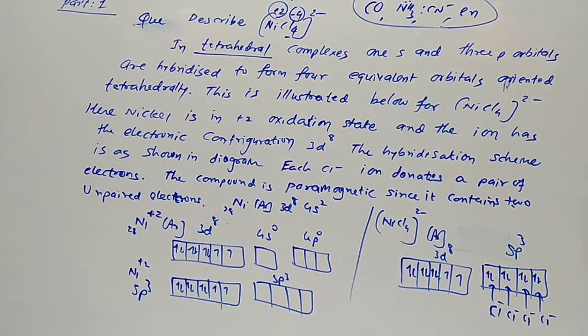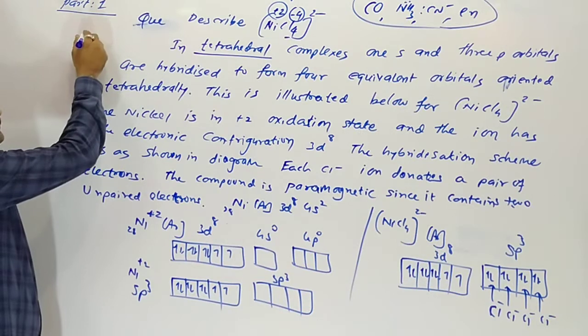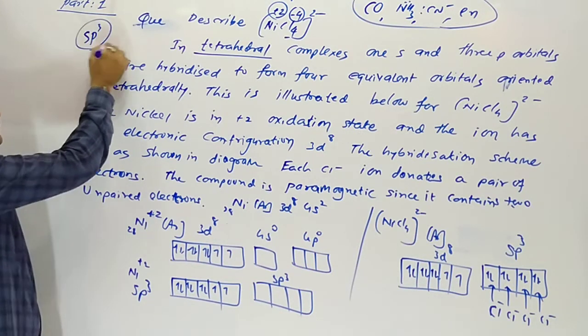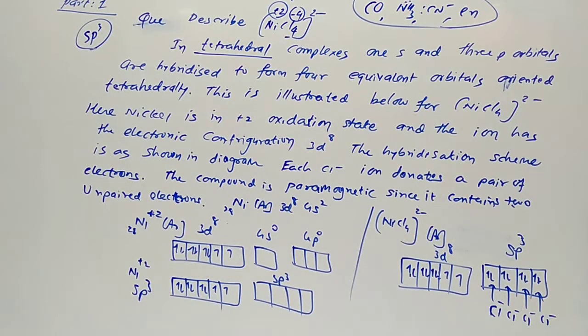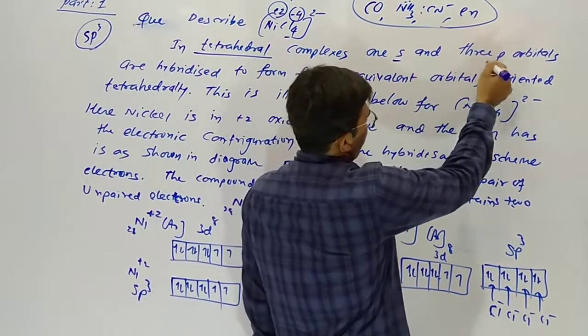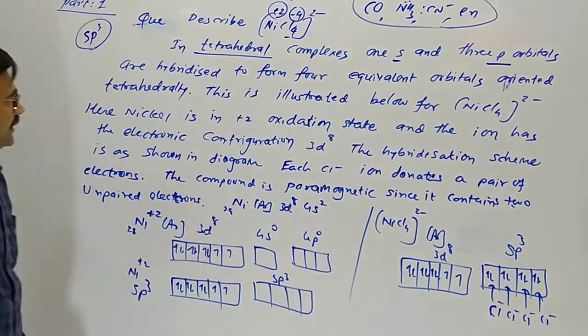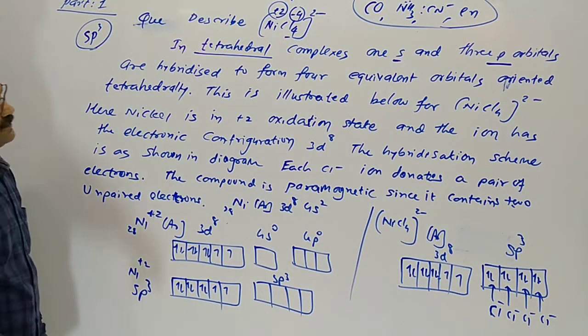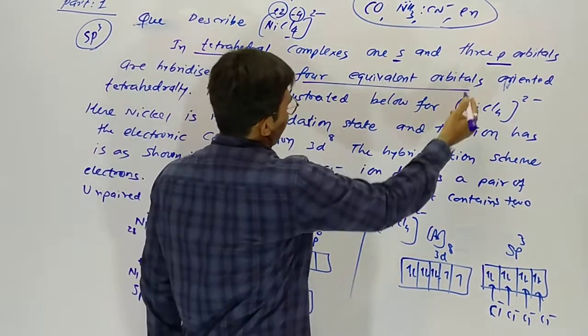The s and 3p orbitals are hybridized. Yes, we discussed that whenever the shape is tetrahedral, the hybridization will be sp3. One s orbital and 3 p orbitals will be used in hybridization to form 4 equivalent orbitals.